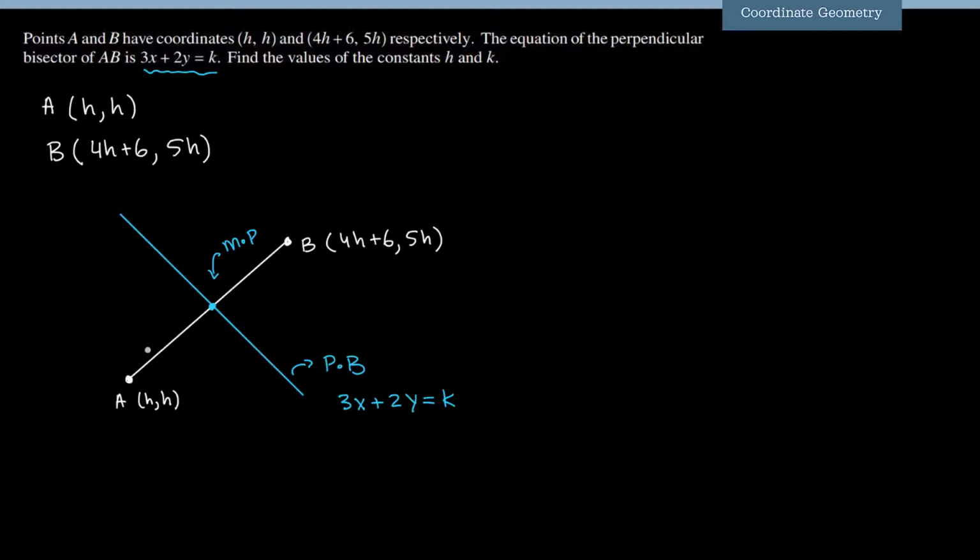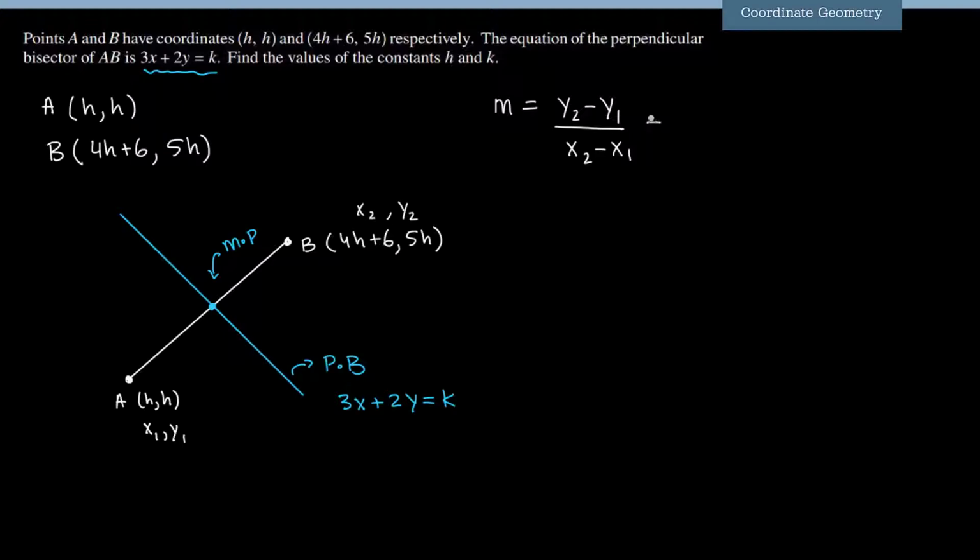Now the first thing I'm going to do over here is find the gradient of this white line. We know that the gradient, which is m, is equal to (y2 - y1) divided by (x2 - x1). Let's name this point as (x1, y1) and this as (x2, y2).